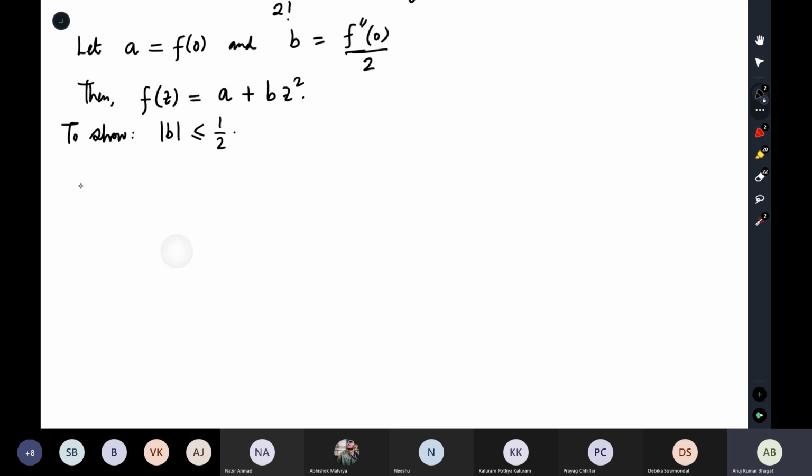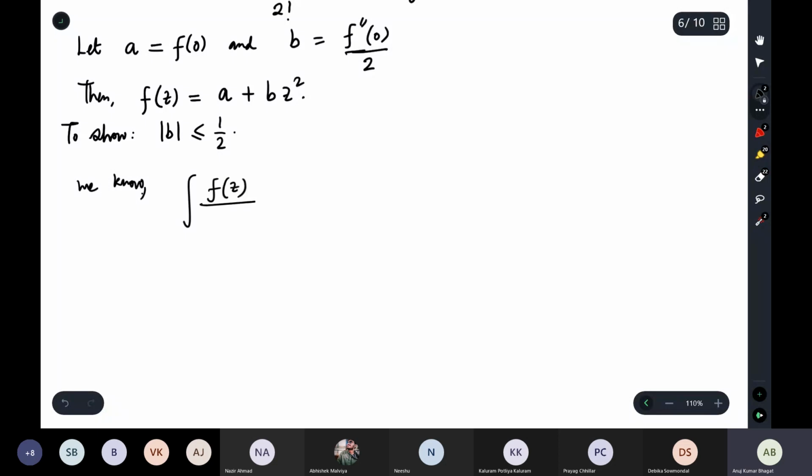So again, let's use, we know the integration of fz by z minus, I'll not take here z minus z naught, I'll simply take z to the power n plus 1 dz, taking the circle of radius 1 for the time being. This is nothing but 2 pi i f n at 0 by n factorial, right? So put here 2.